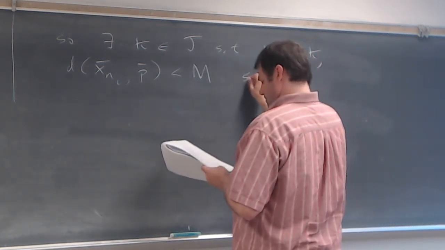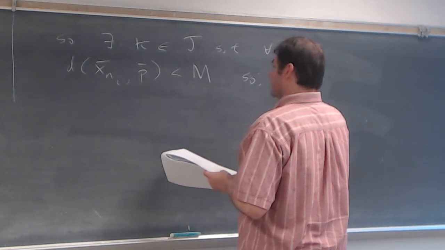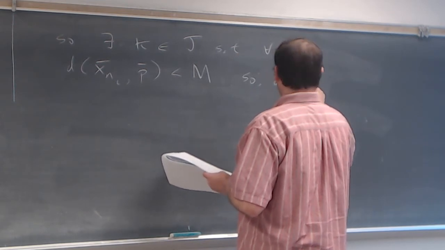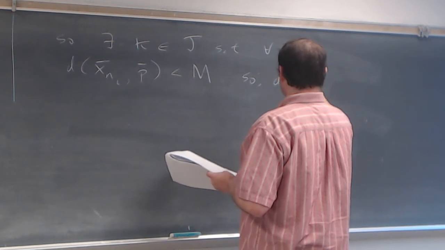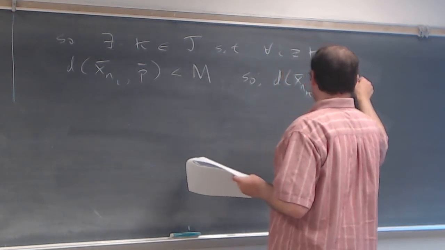In particular, we could say that the distance between x sub n sub k and P will be less than M.